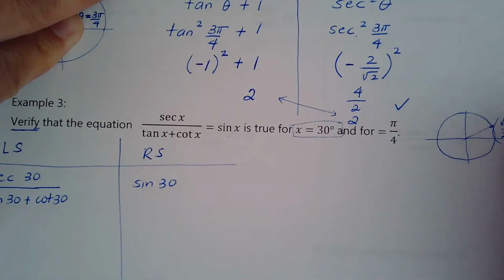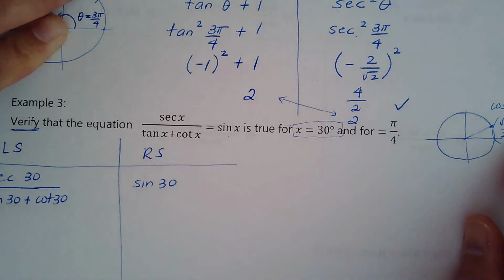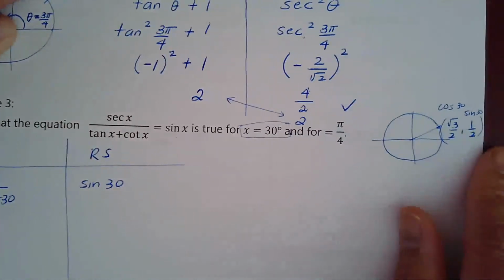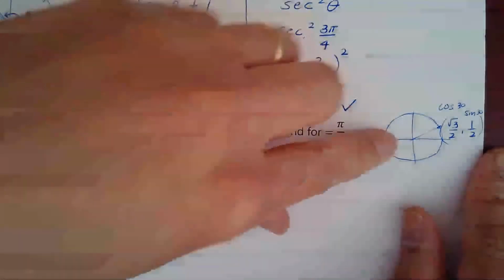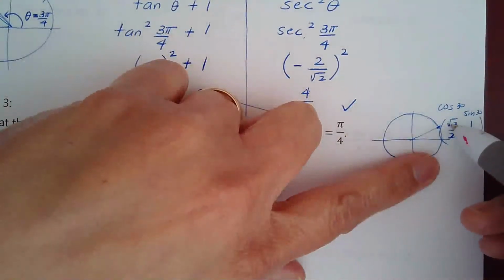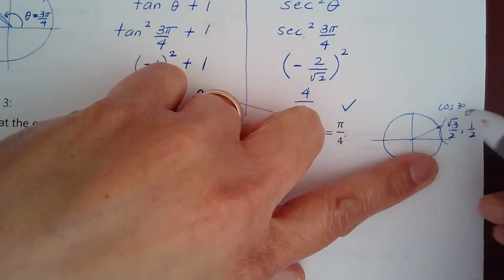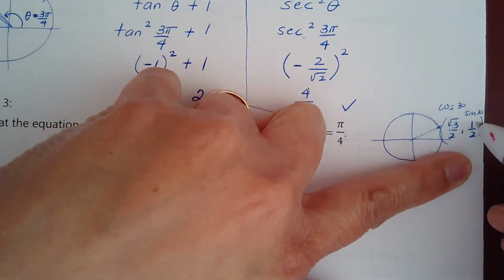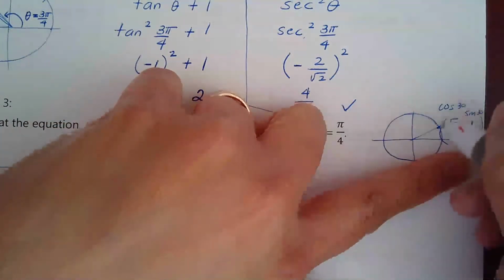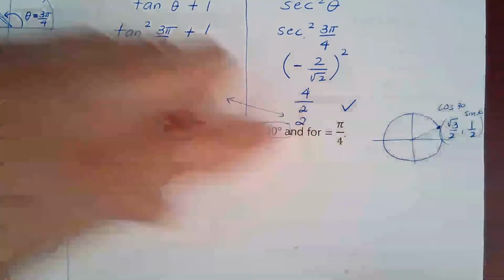So this is going to be the cosine of 30, and then the 1/2 is the sine of 30. Root 3 over 2 is the cosine of 30, and then 1/2 is the sine of 30. So that's this point right there.